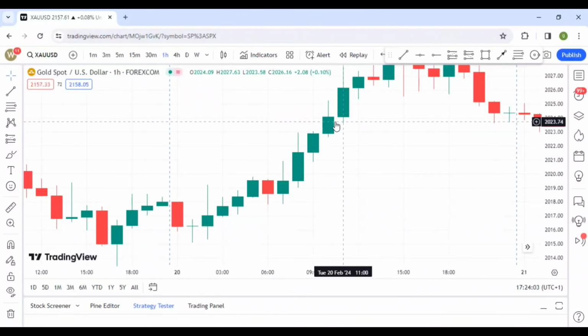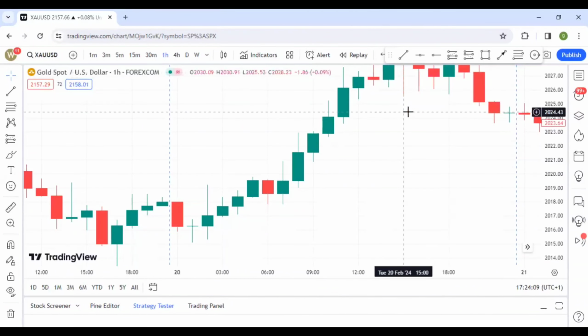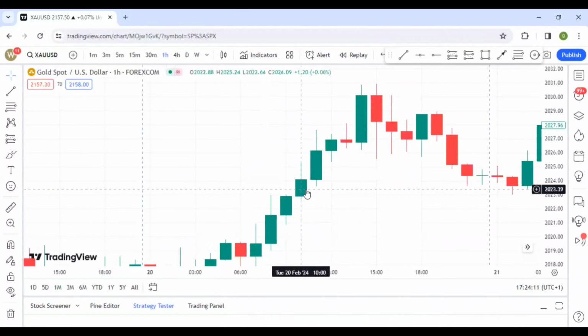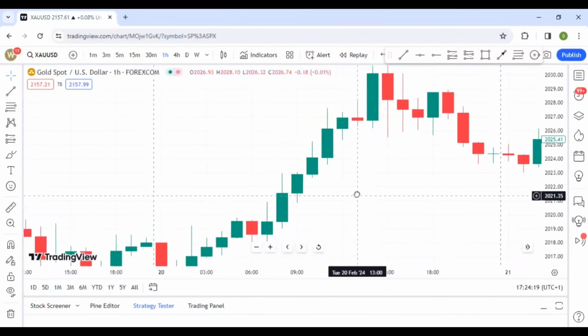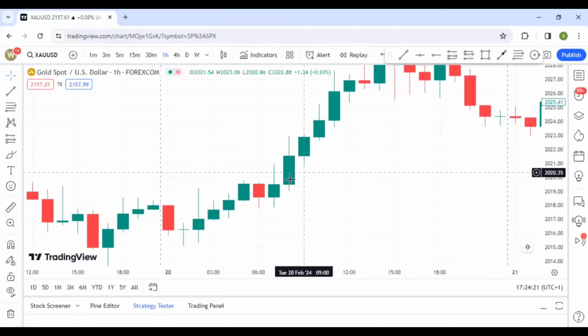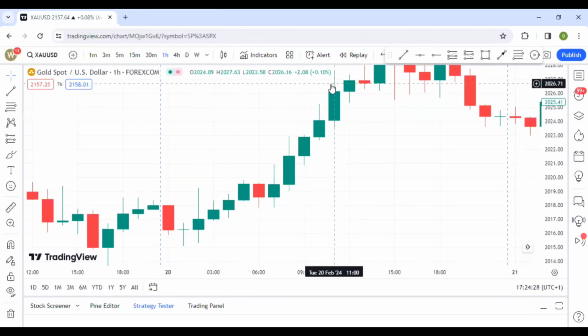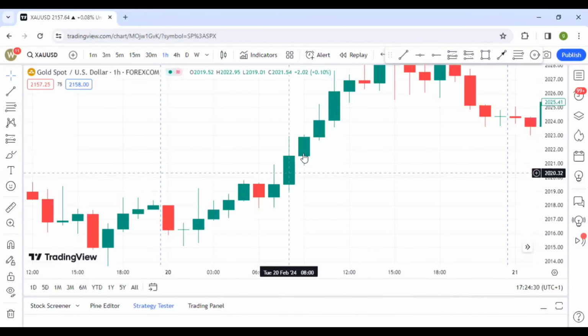Okay. You can see I entered from here, placing the stop loss below here. From here to this point can give you a good profit. The condition states that the fourth candle must close above the third candle of the three white soldiers. 1, 2, 3.